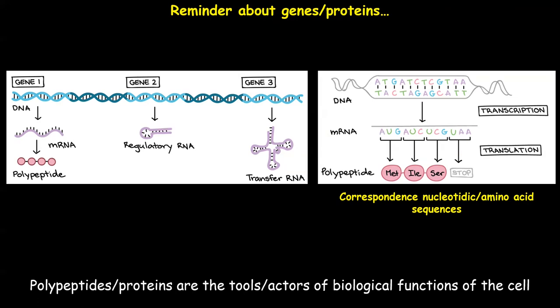And that's what we call the genetic code. So there's a code which tells you that if you have an AUG codon, you get this methionine amino acid.